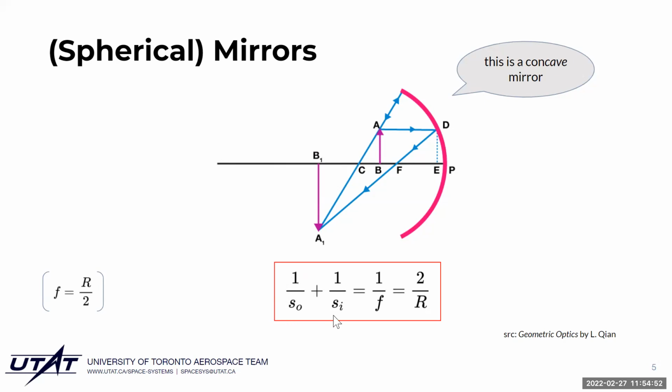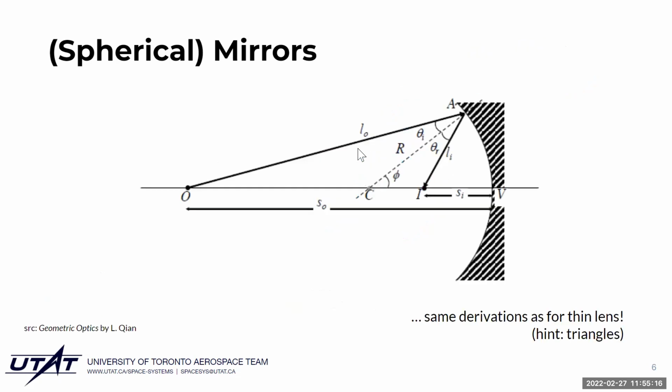But notice how this equation is exactly the same. Actually, in certain textbooks, you'll have it defined with an extra negative, but as long as you're consistent with everything you're defining, we'll be fine. For lenses, there's only one convention. For mirrors, it's just annoying. There's two conventions, but we'll stick with this one.